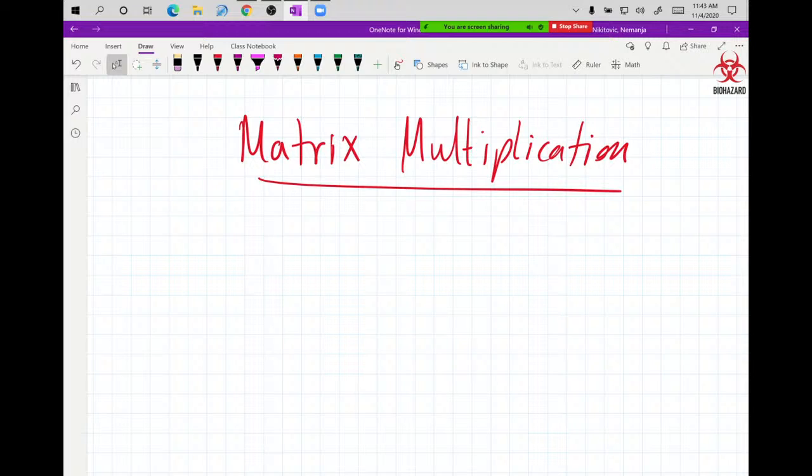You can always multiply. But for matrices, we are going to have this, what do you call it? Restriction. There we go. You are going to have a restriction on the size. Now, let's quickly take a look at the multiplication algorithm.